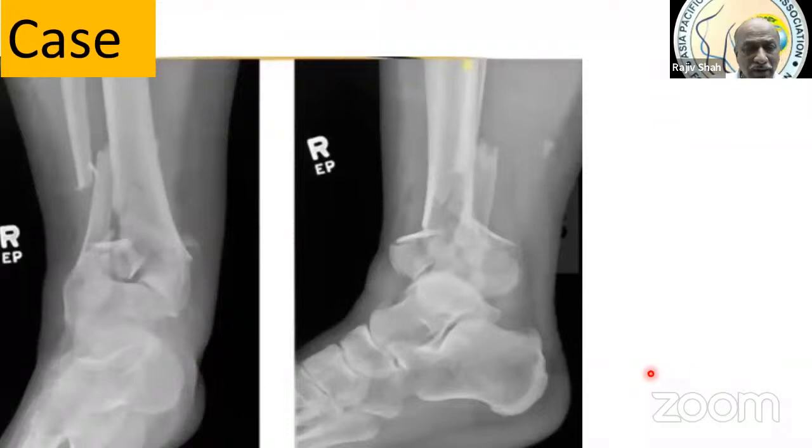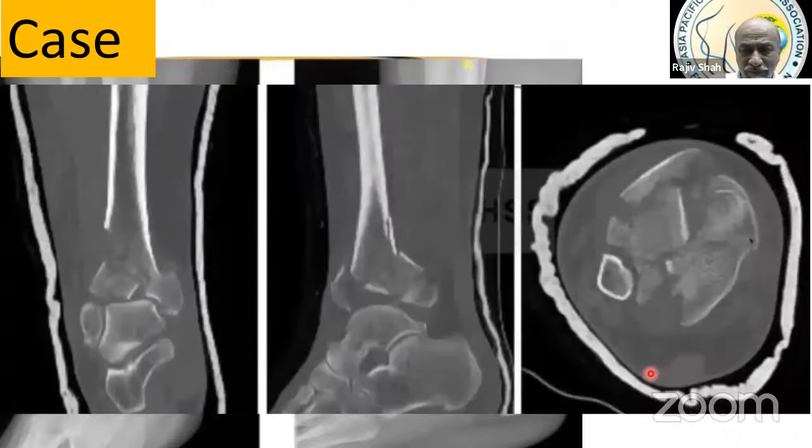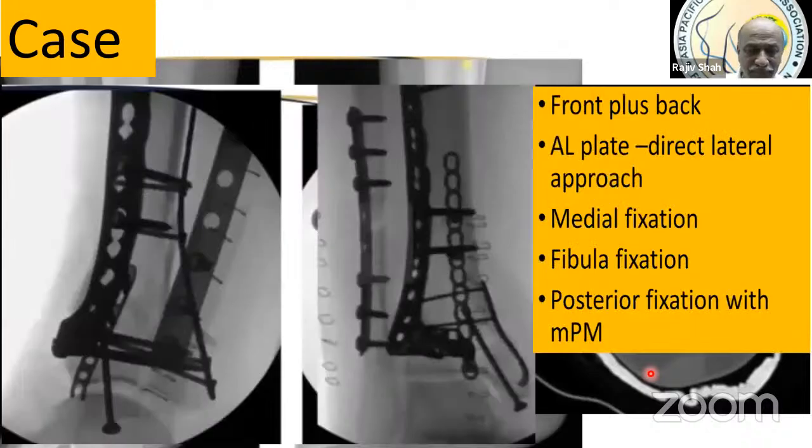Again, this is the kind of fracture geometry, a completely shattered, comminuted variety, and front plus back fixation: a posterolateral plate with the direct lateral approach, medial fixation with a small plate, fibular fixation, and posterior fixation was done with the modified posteromedial approach.